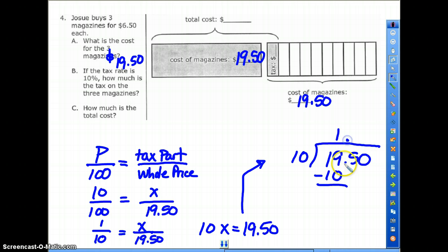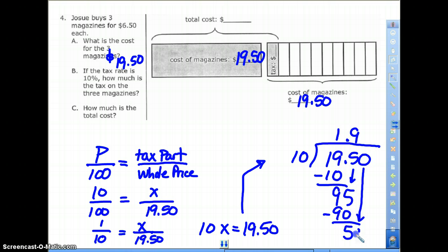You put a dot right here, take your decimal, put it right up here. 10 goes into 19 once. 19 subtract 10 is, yep, 9, bring down the 5. 10 goes into 95 9 times. That's 90. 95 subtract 90 is 5.